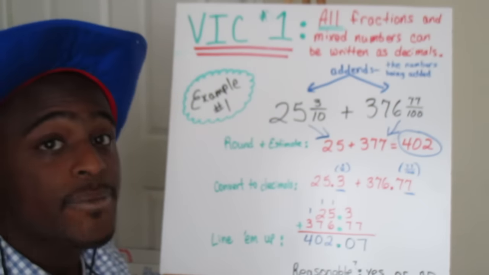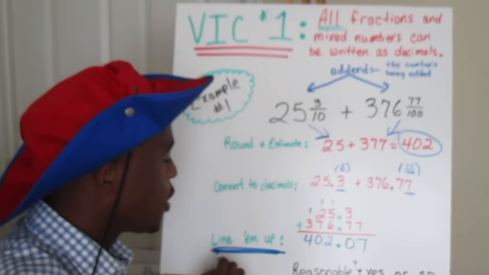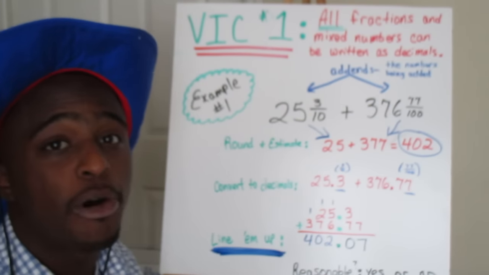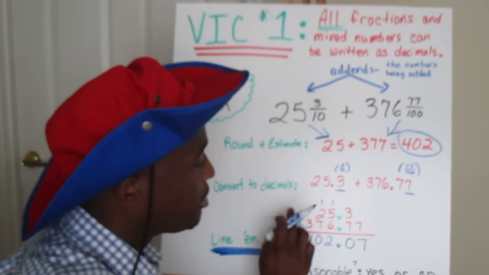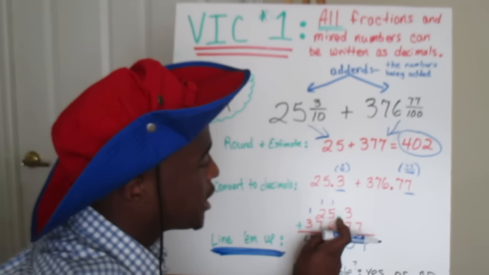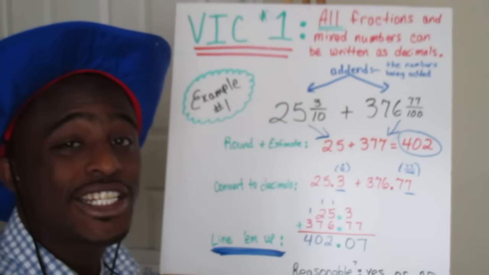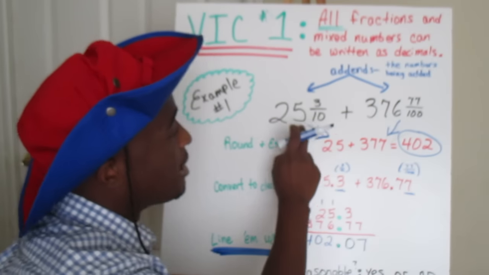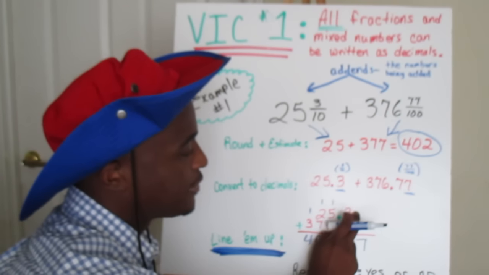When we add or subtract decimals, we want to make sure that we line up our decimal points. So if you notice, in this problem, I lined up my decimal points first, and then I placed the digits according to place value. In my first add-in, I didn't have a hundredths place, so I left it blank.